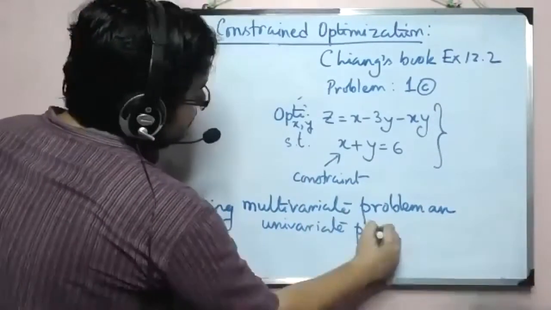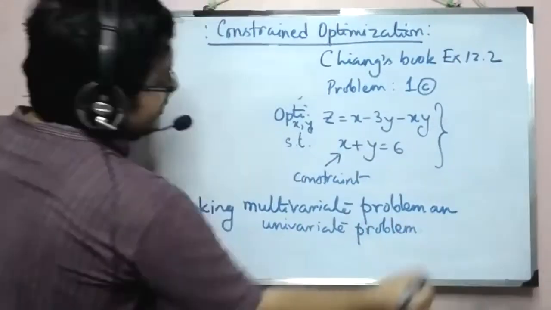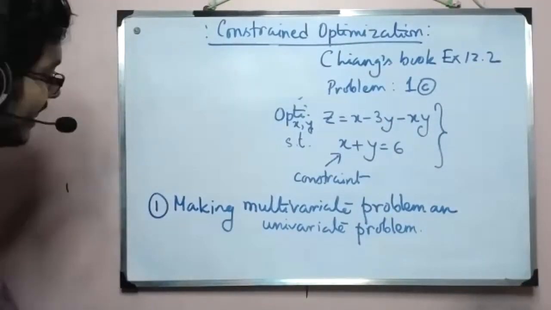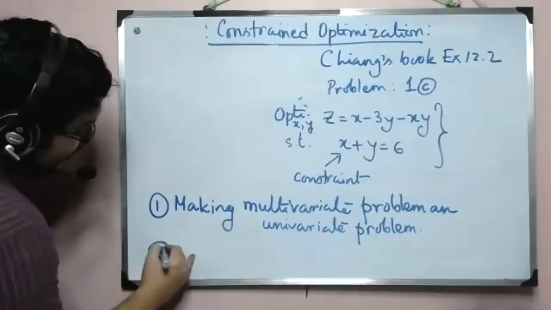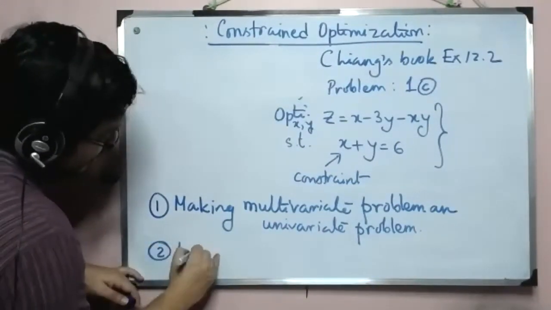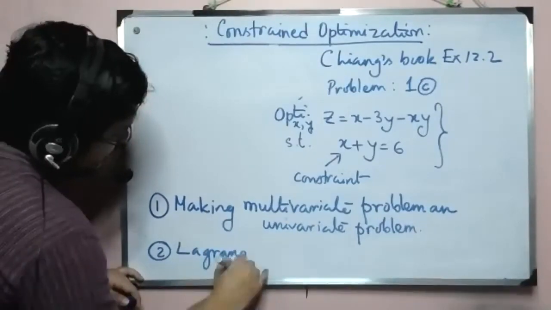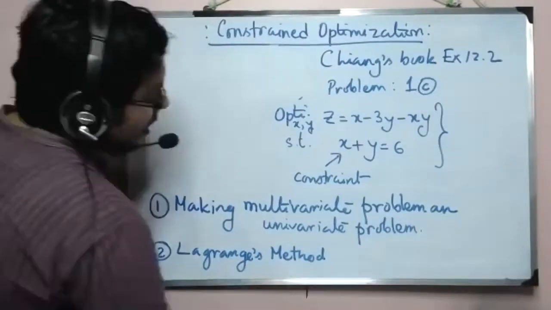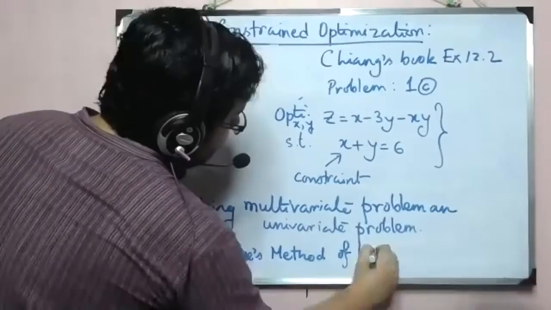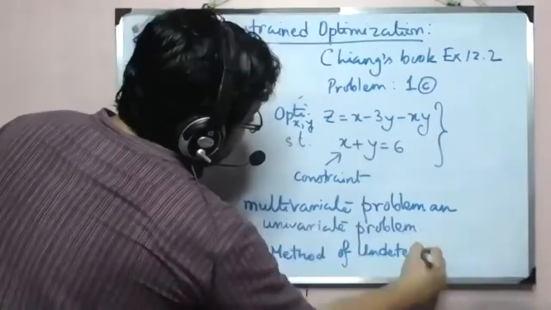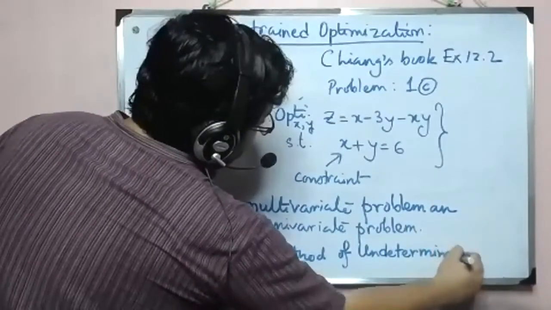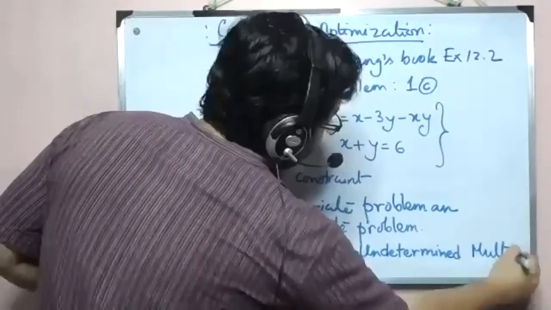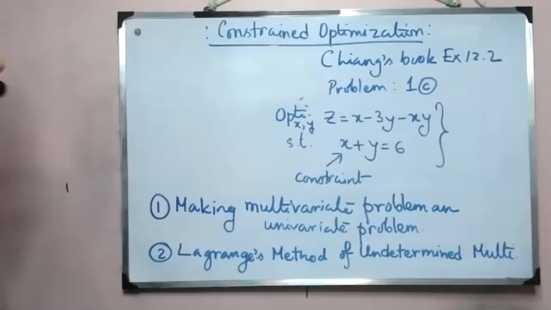And the second, which is something new, is Lagrange's method of undetermined multipliers. So there are two methods.